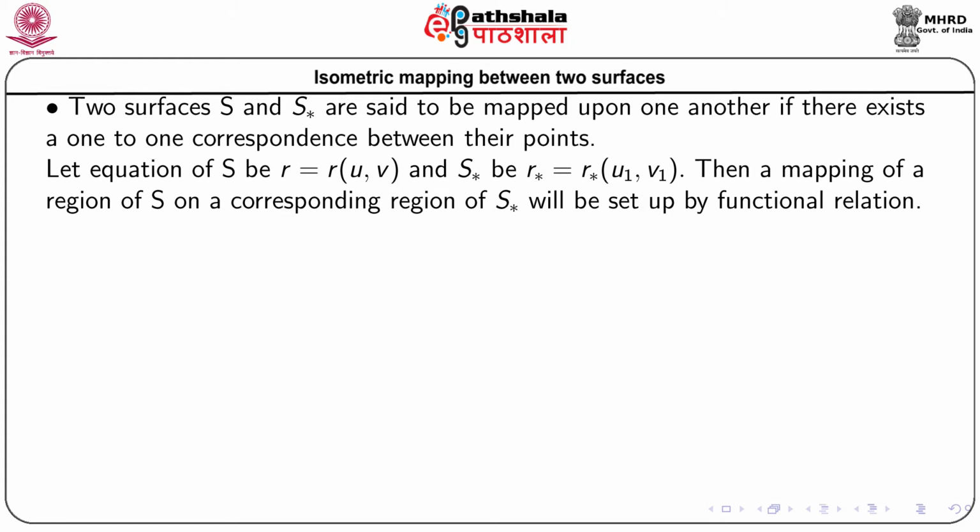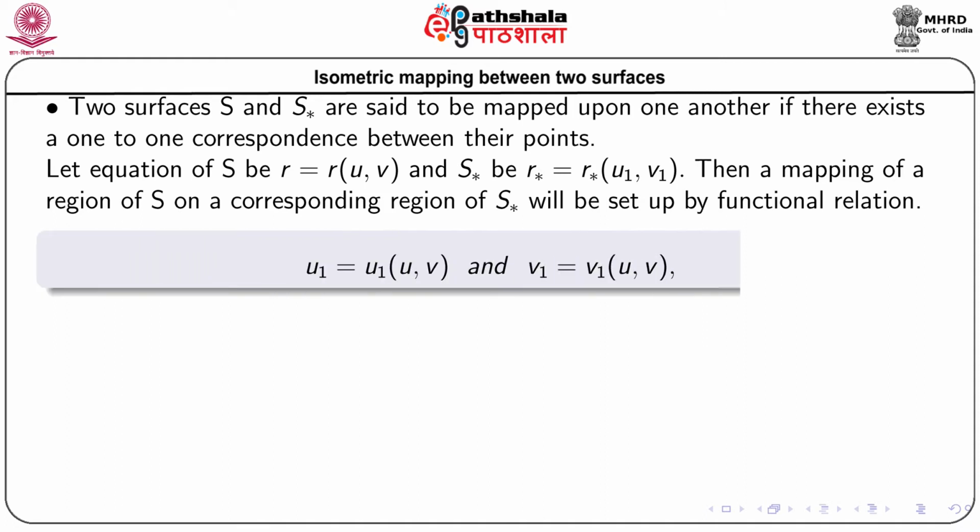Then a mapping of a region of S on a corresponding region of S star will be set by a functional relation. This is defined in this way: u 1 equals u 1 of u and v, and v 1 is also a function of u and v, v 1 of u and v.